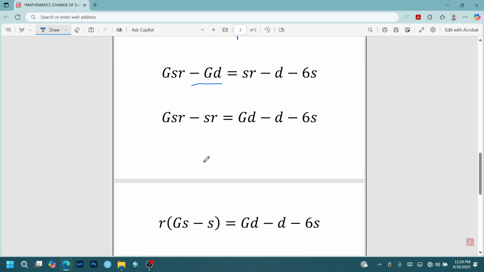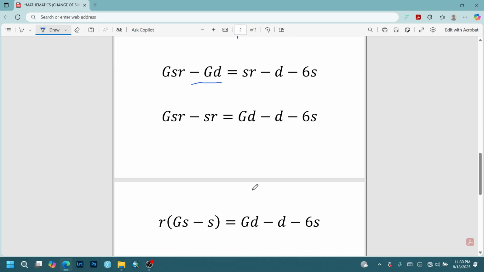R will multiply only negative S to have negative SR, right? So R multiplying positive GS will give you GSR. R multiplying negative S will give you negative SR, right? So we've explained our equation. We maintain the right hand side equation, which is gene D equals D minus 6S, right?